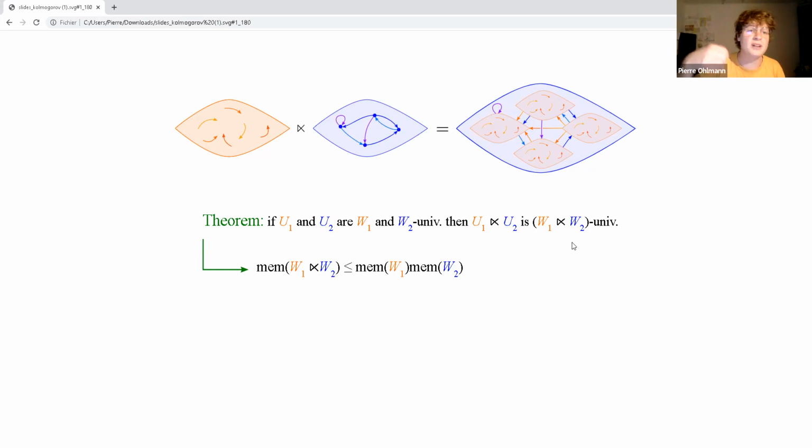If there are infinitely many strong colors, then I take the projection on the strong colors and I look if it belongs to the strong objective. And otherwise, if there are only finitely many strong colors, I look at the projection on the weak colors and I look if it belongs to the weak objective. And I assume that everything is prefix independent for it to make sense here. So I'm only talking about prefix independent objectives.